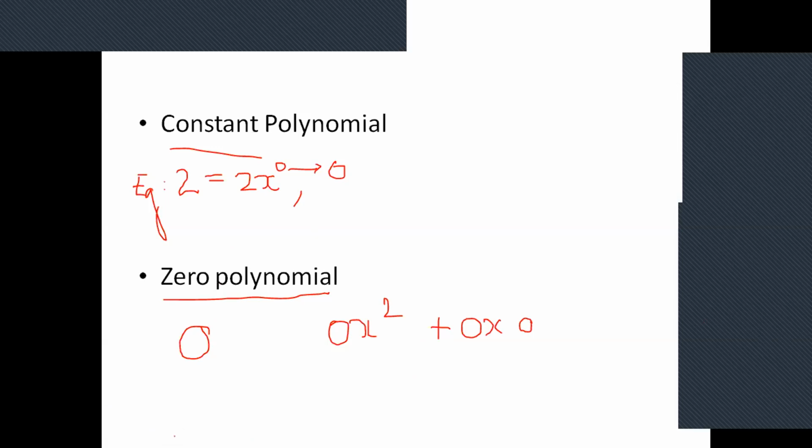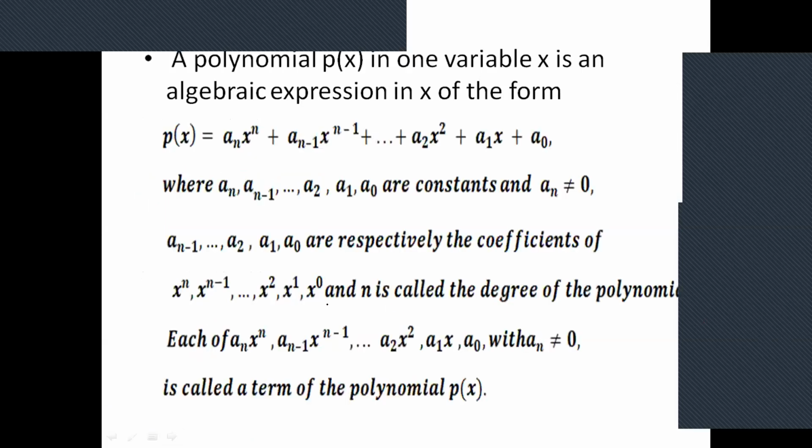So here is the general form of the polynomial. Suppose you want to define a polynomial p of x in one variable x. Its general form is given by p of x equals a_n x^n plus a_(n-1) x^(n-1) plus and so on, up to the last constant term.